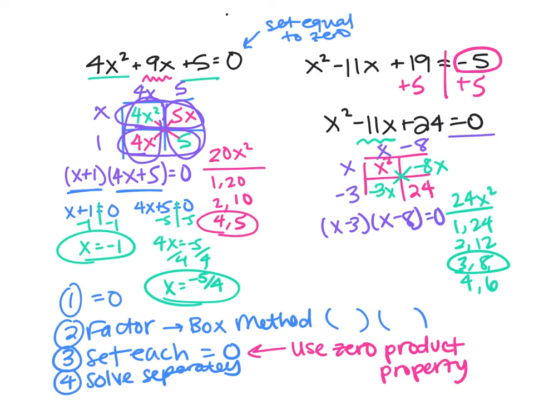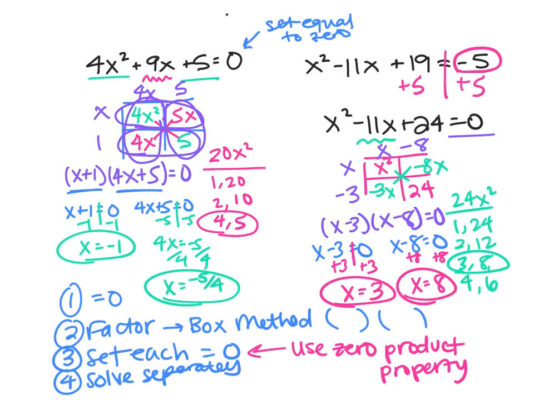We can use our zero product property, separate it out. So we get x minus 3 equals 0 and x minus 8 equals 0. Solve each on their own. Add our 3 over. So one answer is x equals 3. Add the 8 over. The other answer is x equals 8.